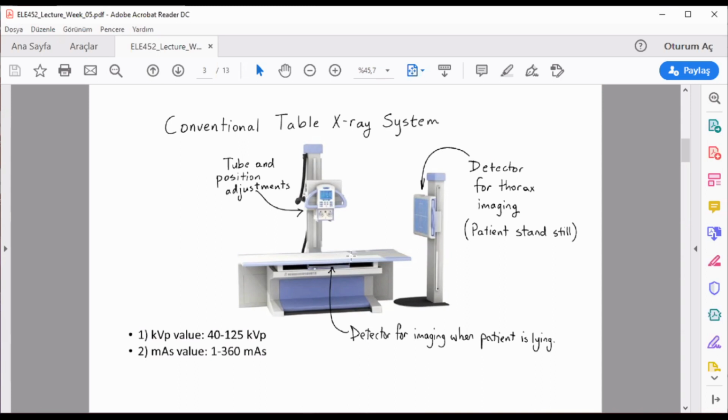If the patient is not lying but standing, then the patient stands here, the tube is rotated 90 degrees, and this is the detector or filming environment for usually thorax imaging. There probably you all know these, or have experienced these kinds of systems.